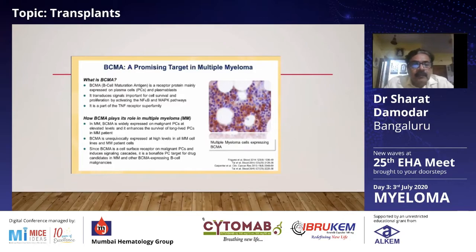It's part of the TNF receptor family. Because of the very high levels expressed in myeloma cells and in patients with relapsing myeloma, it certainly is a very good target, with close to 100% expression of this receptor.